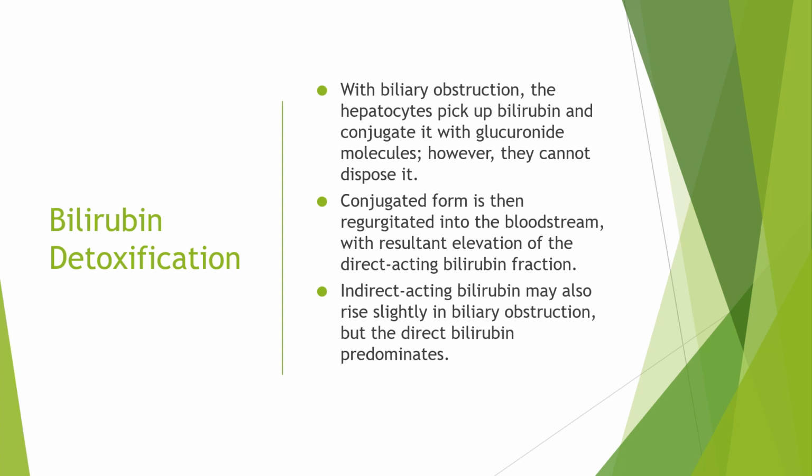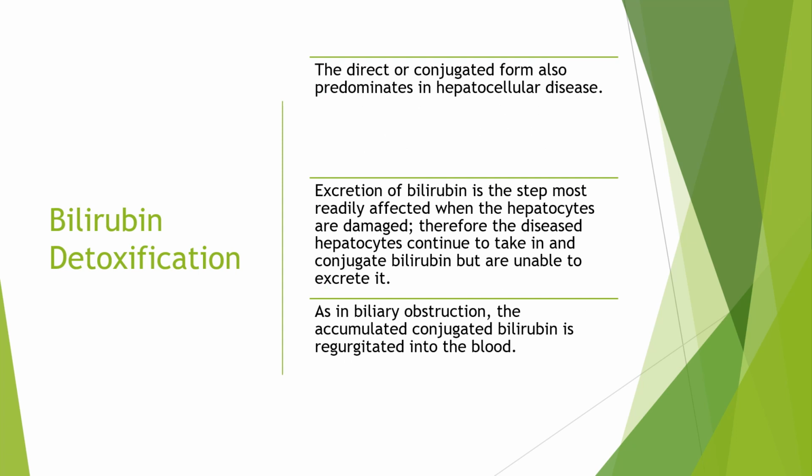The indirect can also rise a little bit in the presence of biliary obstruction, but the direct bilirubin is the one that's going to predominate. It's the one we're going to see go up the most. Now the tricky part is that the direct bilirubin is also the predominant form in hepatocellular disease. So whether we're talking obstruction or diffuse disease, the direct bilirubin is the one that's going to be elevated the most, okay?